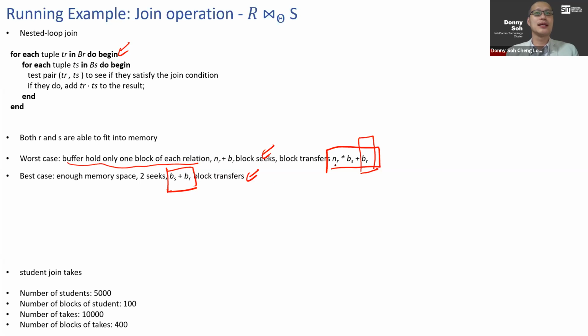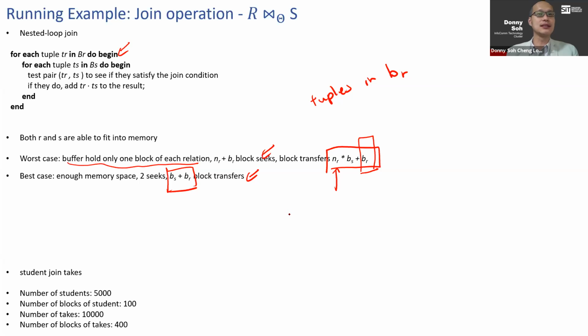And this one you realize that this is NR, which is the tuples in BR. So for each tuple in BR, I have to load the block.